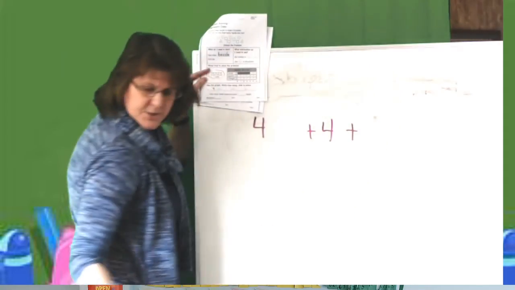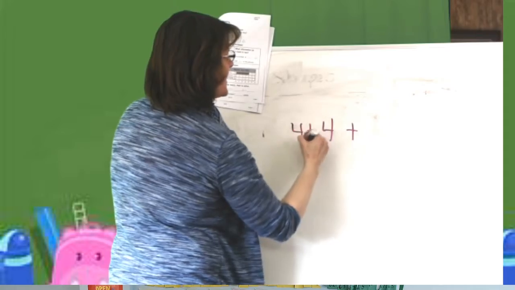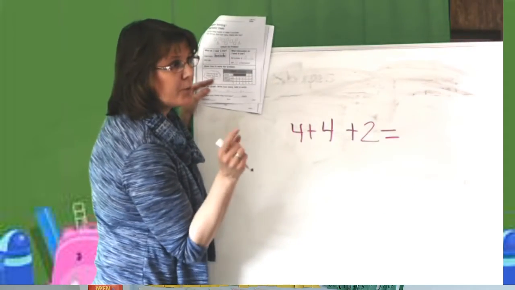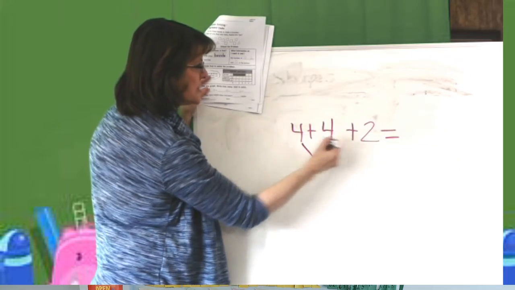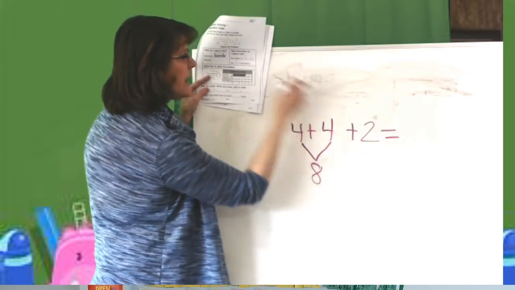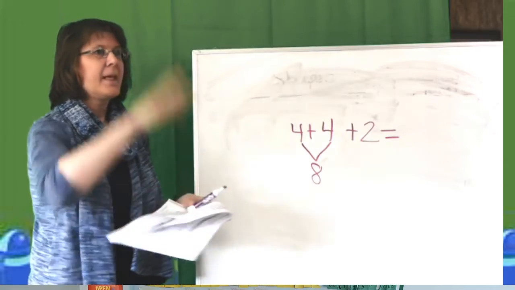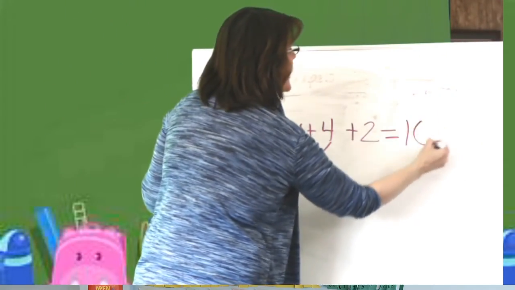And then we need to add the triangle beads, and there are 2. Now we have 3 addends. Remember, we look for a way to put 2 of them together first. I see a double here, so I'm going to put the double together first. 4 plus 4 is 8, and I have 2 more to count, so let's start at 8 and count on. 8, 9, 10. So our friend Ava has 10 beads.